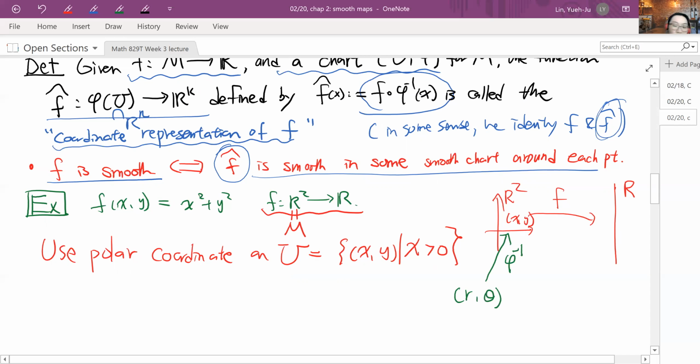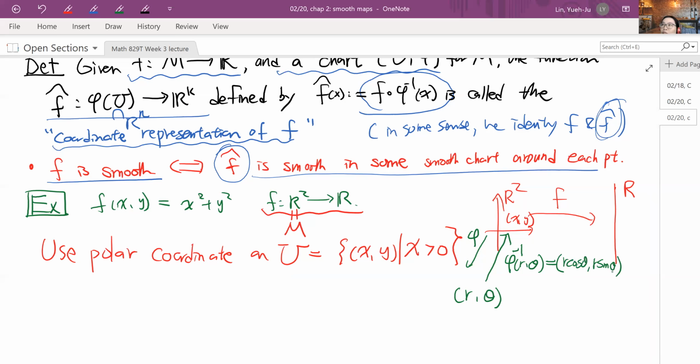Going this direction is phi, from the manifold to (r, theta). But going backward, how do you represent x and y in terms of polar coordinates? This is r cosine theta and r sine theta. So you can think of polar coordinates as just a different way of representing the usual coordinates, or in some sense a change of coordinates.